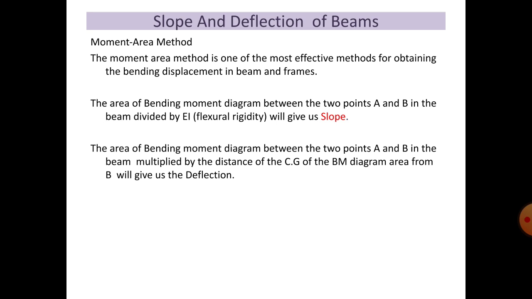Next, there are various methods to calculate the deflections and slopes. One of the best and most effective methods is the moment area method. This method evolved due to various techniques, experiments and derivations.